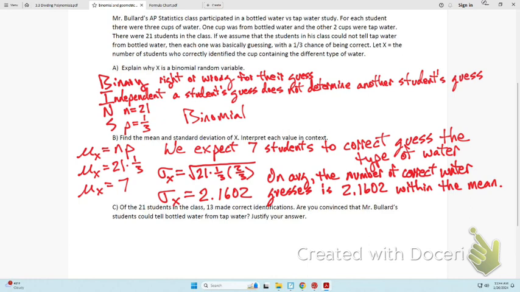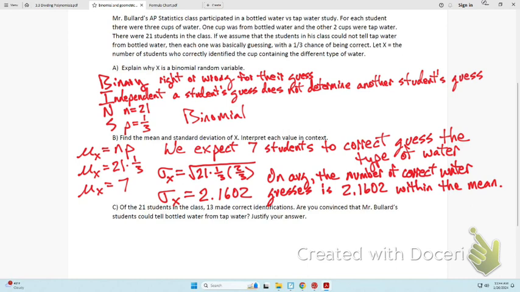Part C is an intro to hypothesis testing. Turns out 13 of the 21 made correct identifications. Does this give us convincing evidence that Mr. Bullard's students could tell the difference?